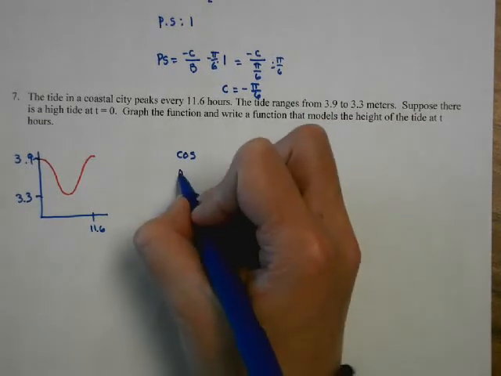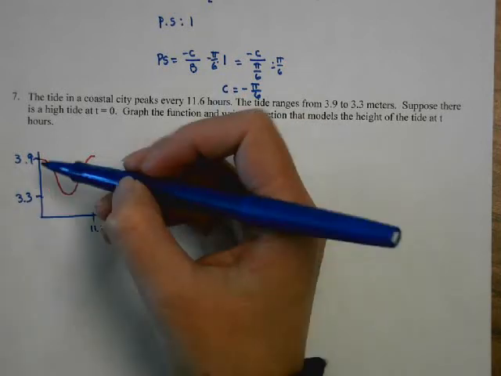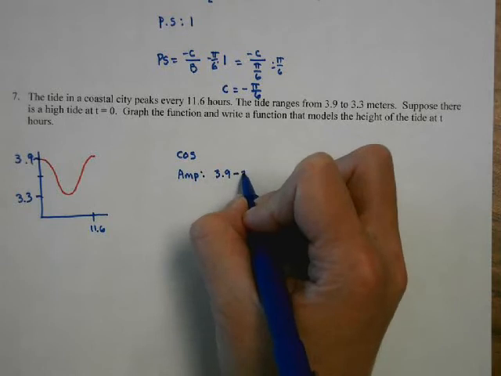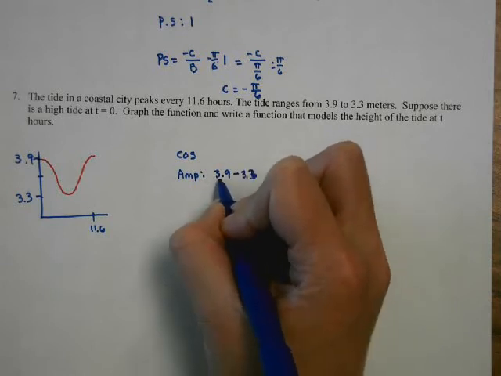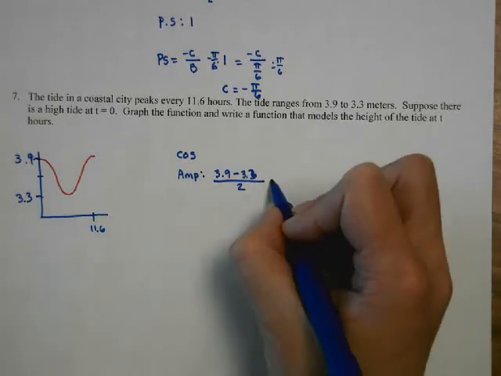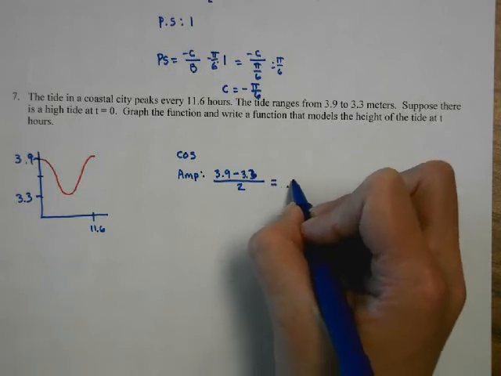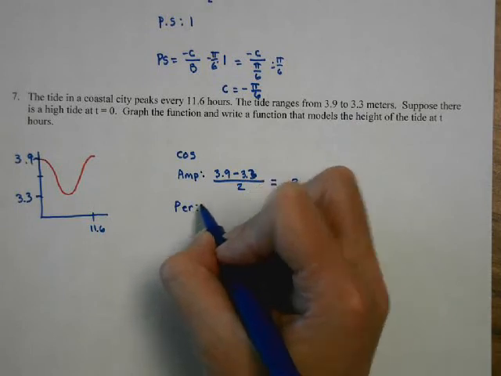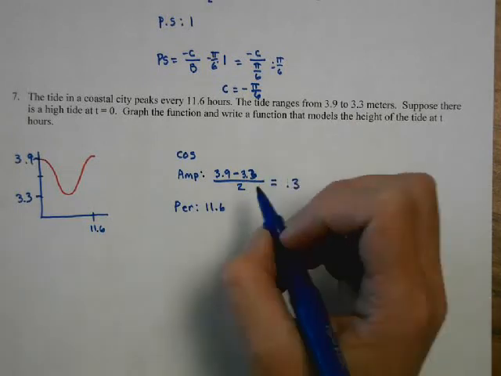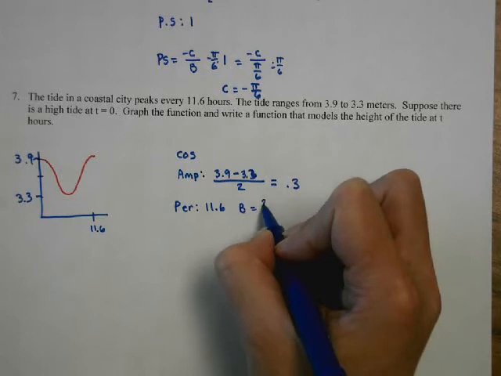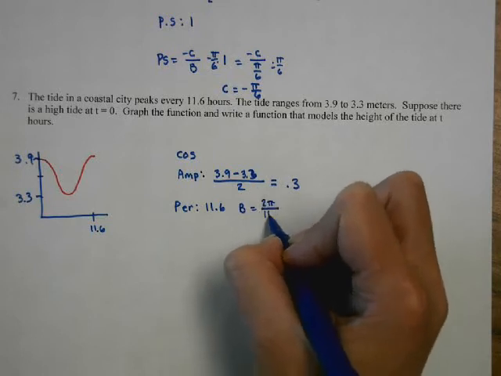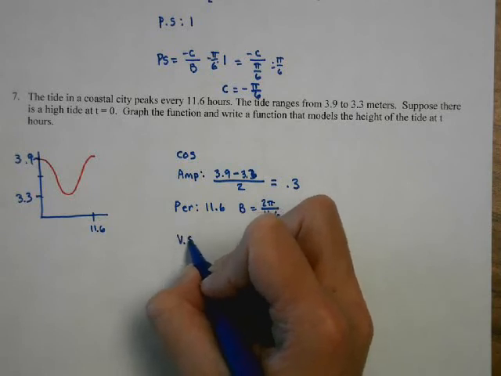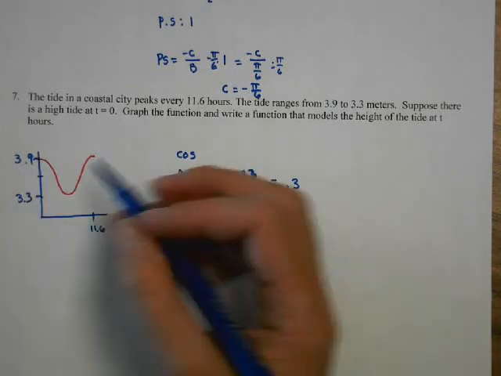My amplitude, again, is going to be half the distance here. So I'm going to take 3.9 minus 3.3, divide that by 2. So 0.6 divided by 2 gives me an amplitude of 0.3. My period is 11.6. So B is going to be 2 pi divided by 11.6. The vertical shift is going to be right in the middle here.